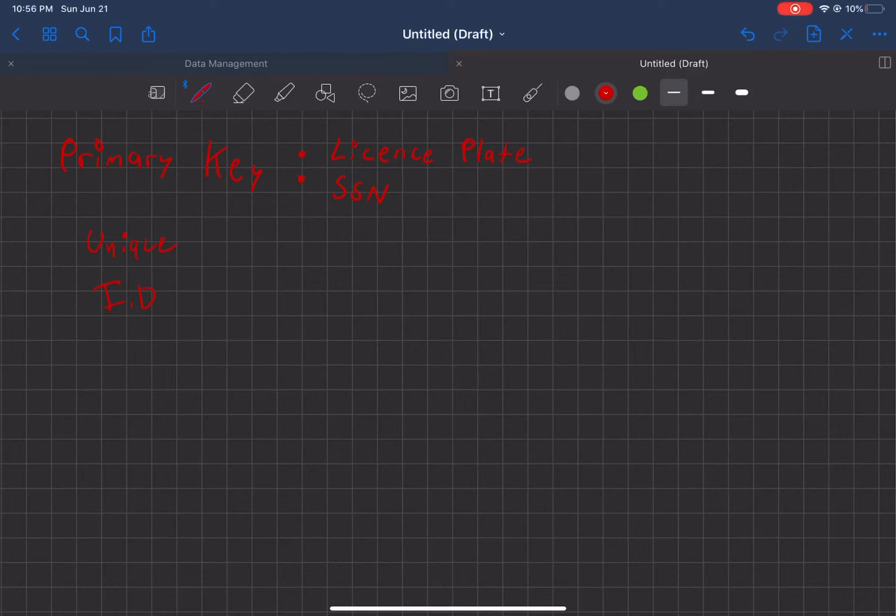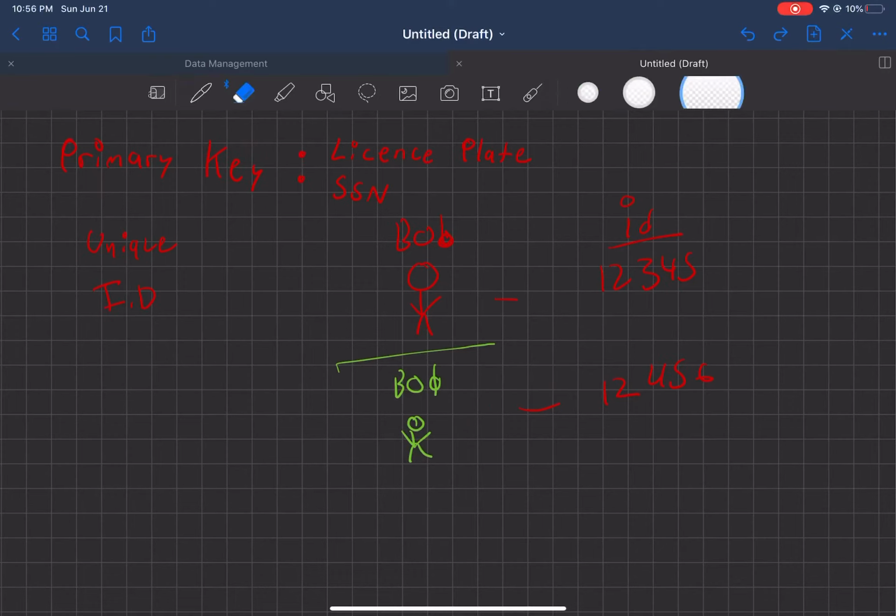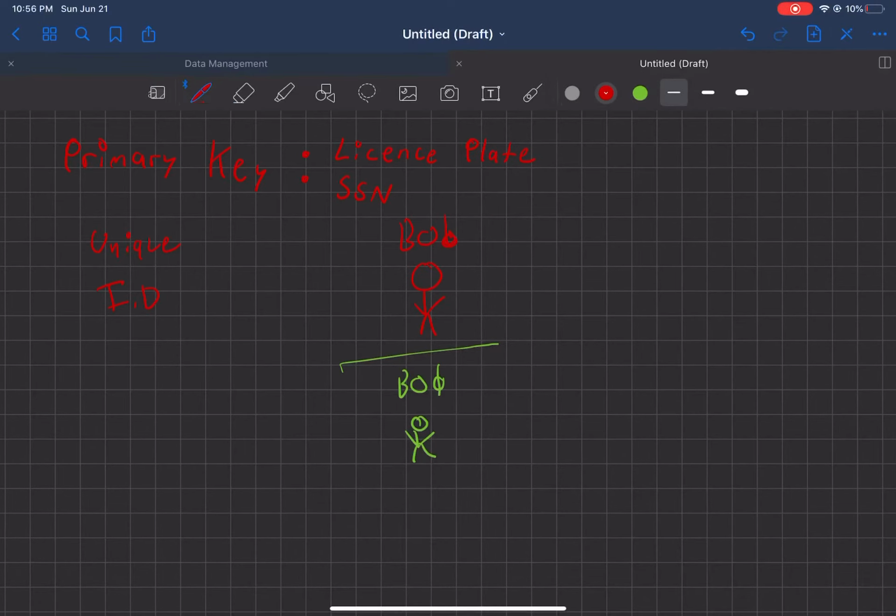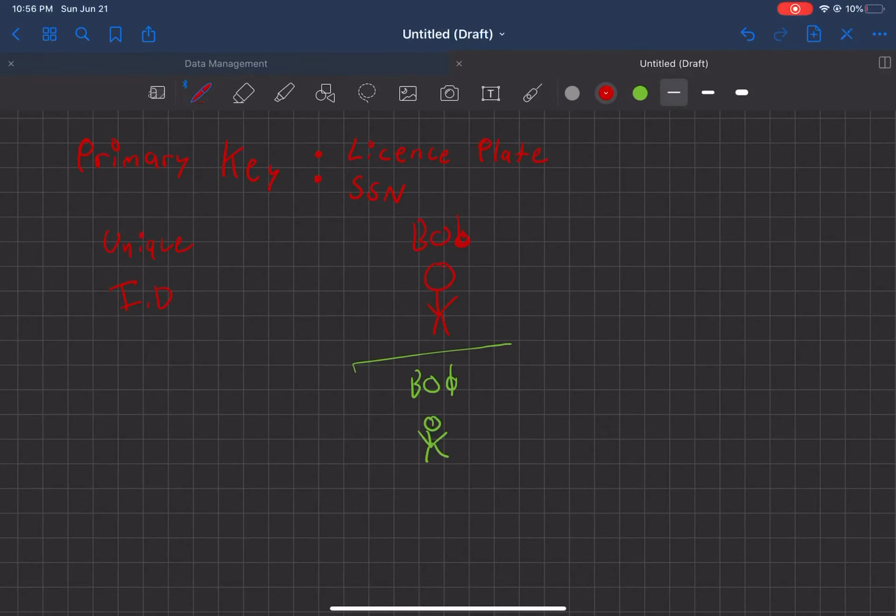So, for example, let's go with that Bob example again. So let's bring Bob back. So let's get rid of this here first. And let's say we're trying to hook up, so let's go back to that first example. We're trying to find whose car crashed into you, okay?